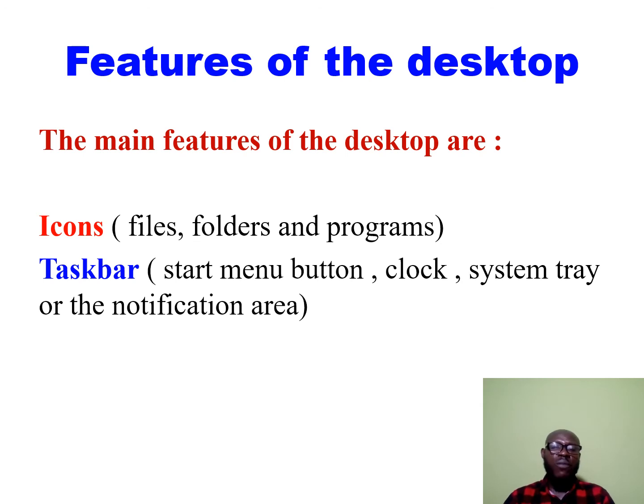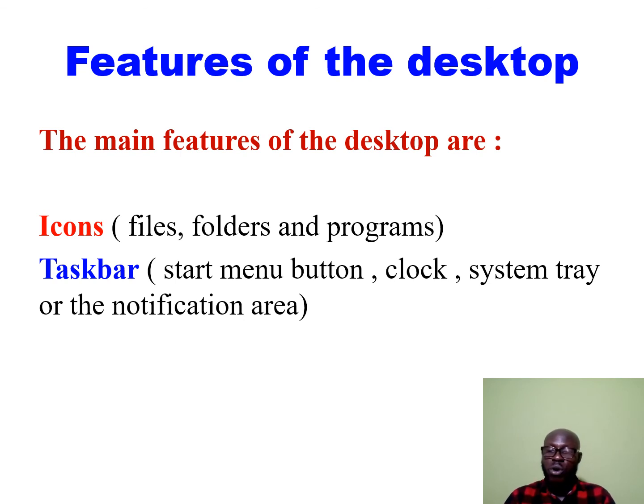Good. Then we also have what we call the taskbar. Now on the taskbar, we have the start menu, the start button, the clock, the system tray, also known as the notification area. That becomes a component of the taskbar. So the main features of the desktop are icons and taskbar.